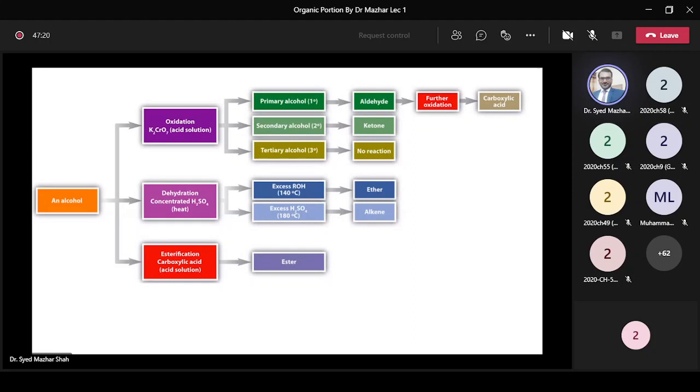So that's why we have grouped these different functional groups, and we call them classes of compounds, because it's easier to study them, and it's easier to predict their general chemical reactivity. Just like in the periodic table, we have arranged the elements into groups and periods.